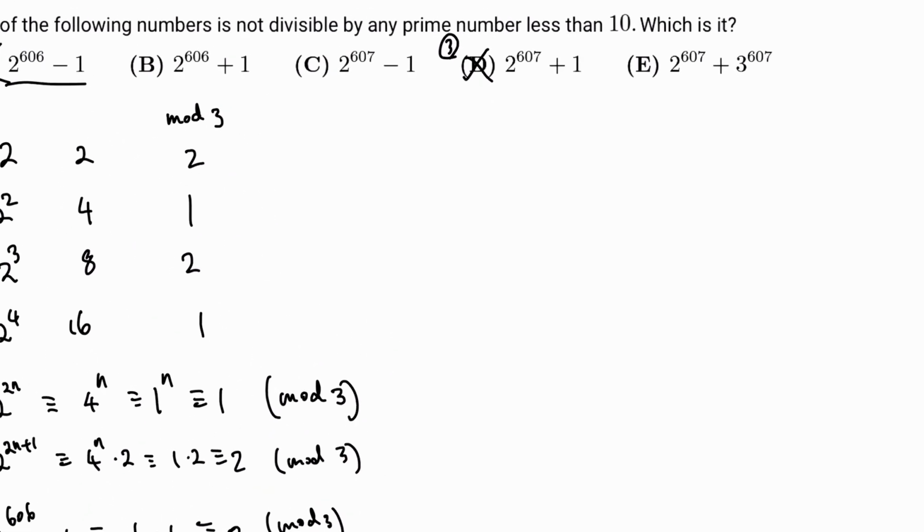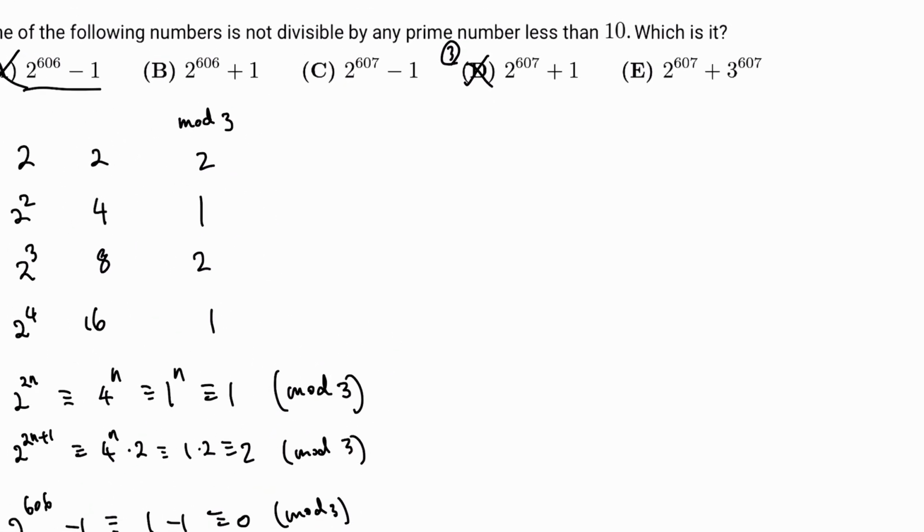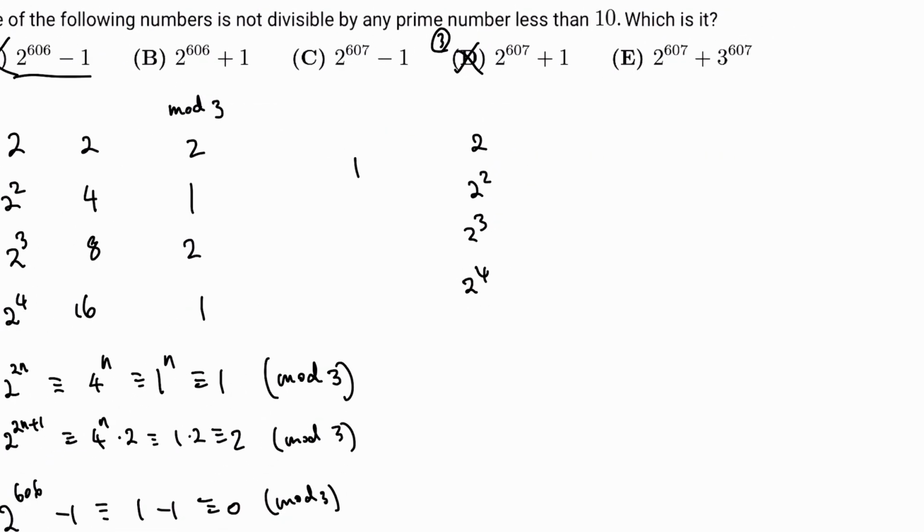For answer choice B, it's a little bit special, but we can use the same tricks. So 2 squared, 2 cubed, 2 to the fourth. You see that 2 to the fourth is 16, which is 1 mod 5.